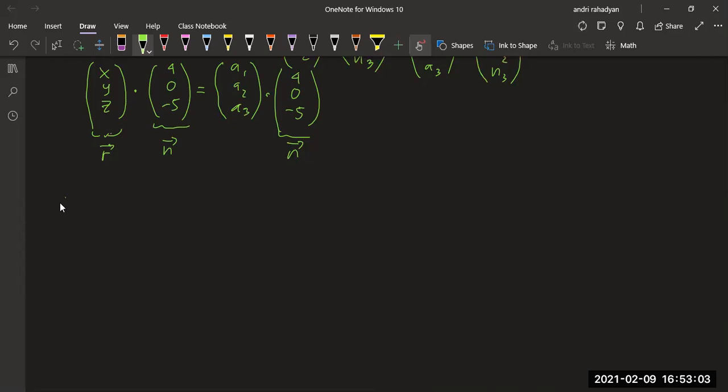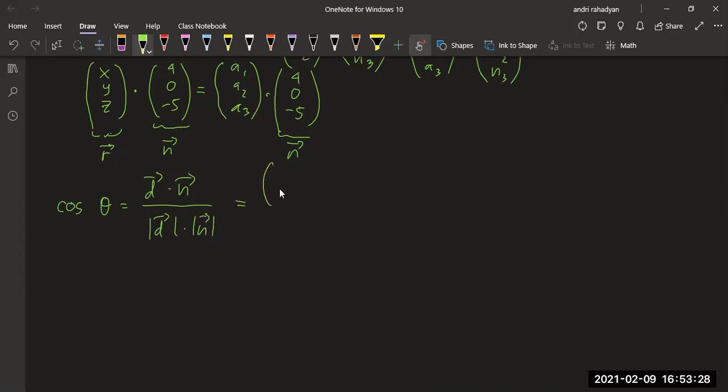So cos theta equals d dot n divided by the magnitude of d times the magnitude of n.